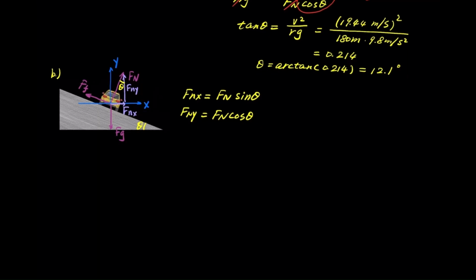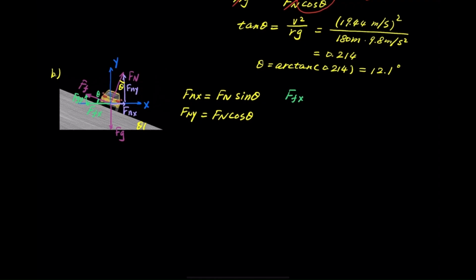Now for the friction force, we create a right angle triangle like this. So this is the horizontal component, Ffx, and this is the vertical component, Ffy. So this angle is theta. So we have the Ffx component.